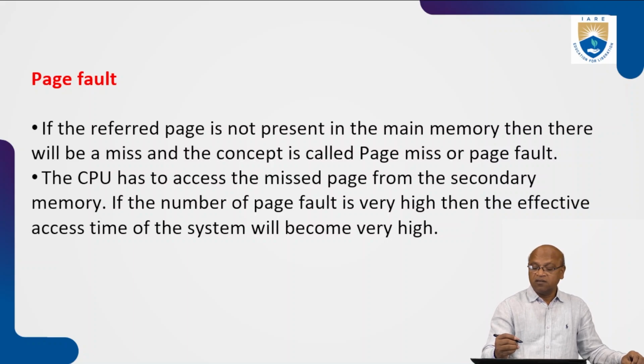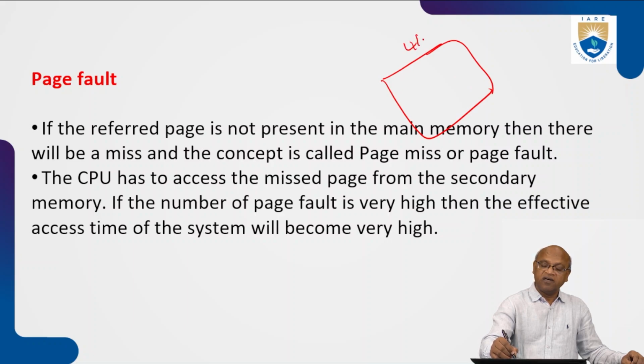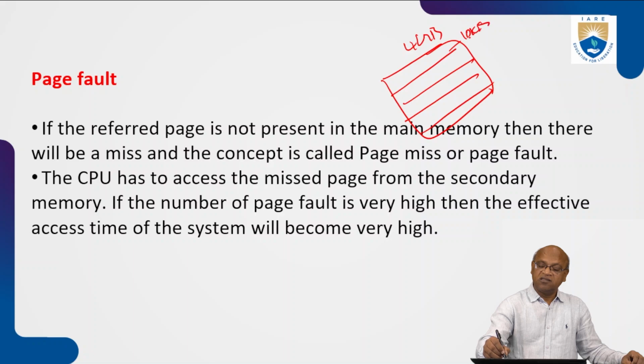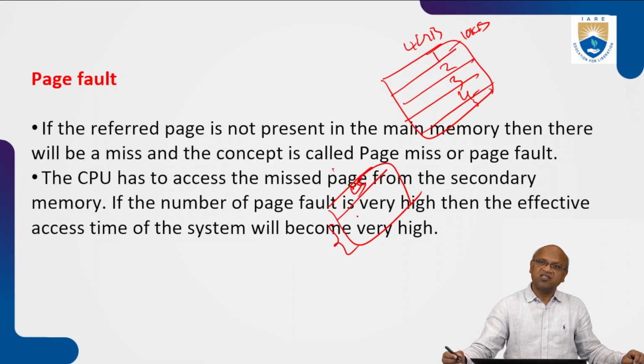Suppose this is our hard disk, as I explained. There is a 4 GB file, and the 4 GB file is made into pieces of 10 KB each. This is page number 1, page number 2, and so on. Then your RAM is there: the OS occupies 1 GB, and only 1 GB is left for the working space.